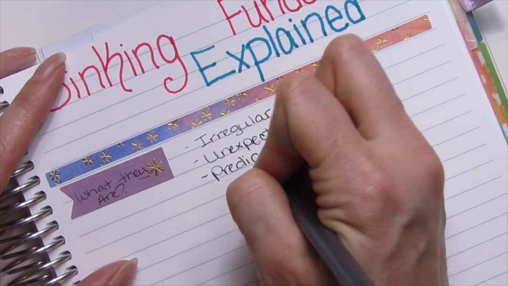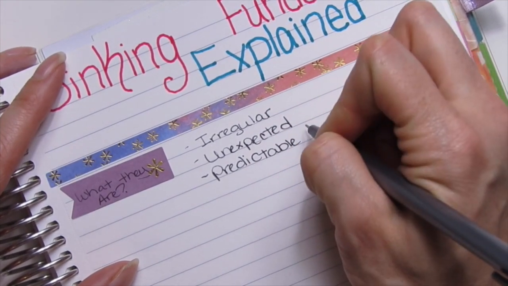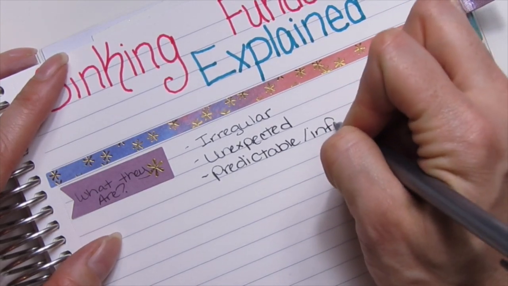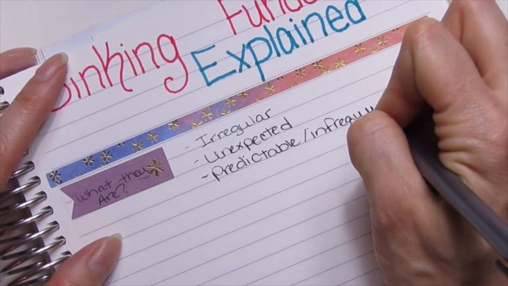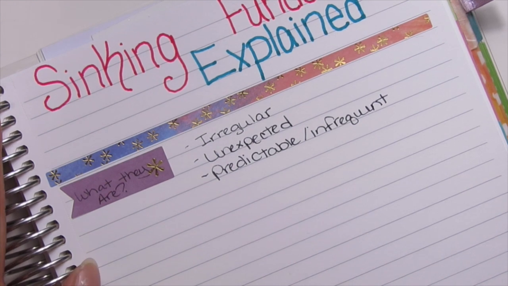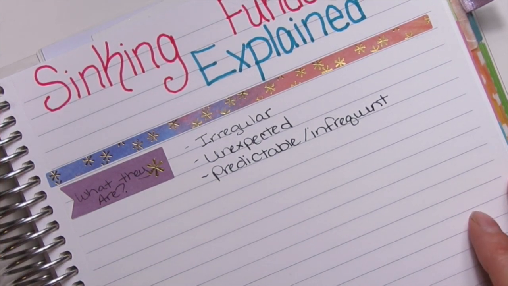So, this one again could go towards car maintenance, but let's say a Christmas fund, or a gift fund. You know that you are going to need to buy gifts for somebody, probably multiple people throughout the year.